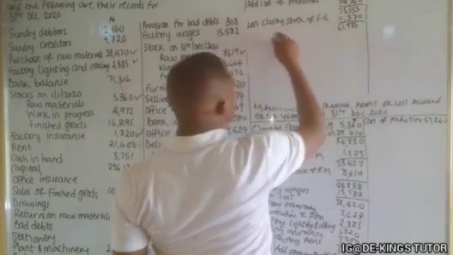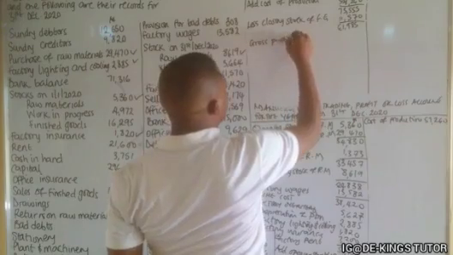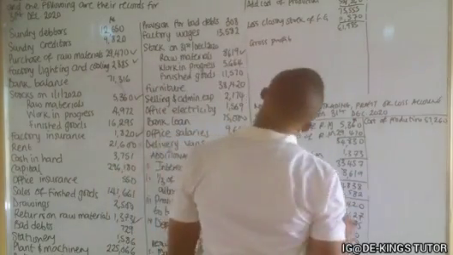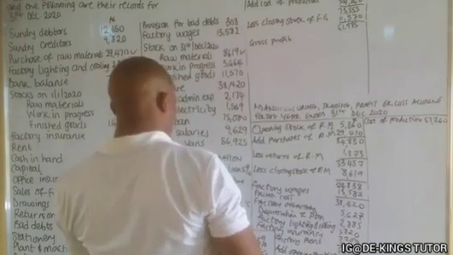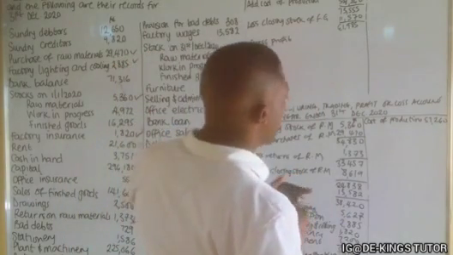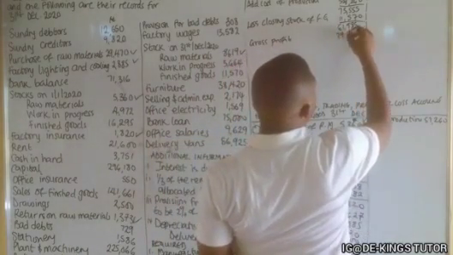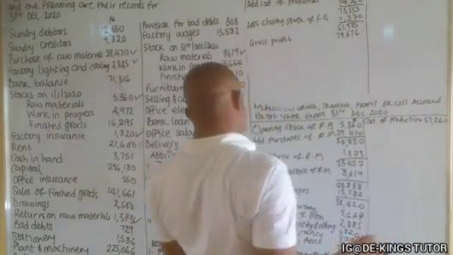So sales minus cost of goods sold give us our gross profit. Okay? So we have this minus 141,661 is equal to 79,676. Okay?